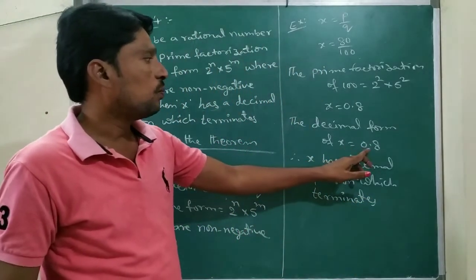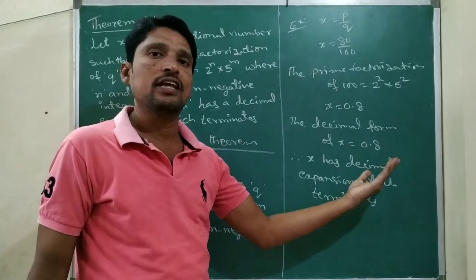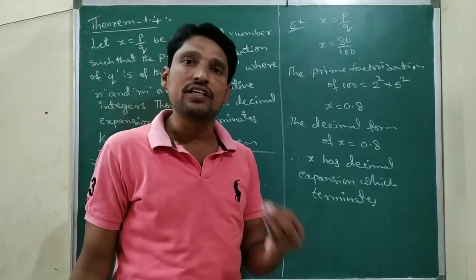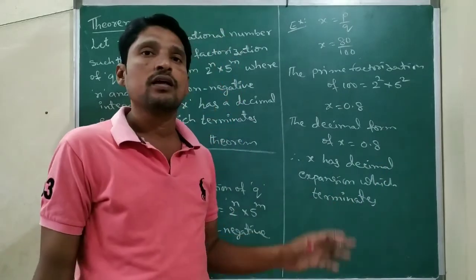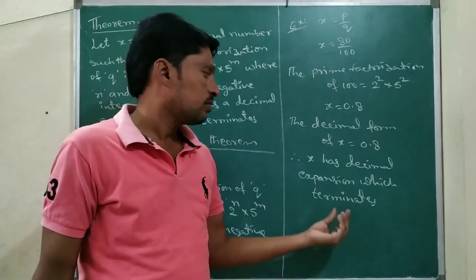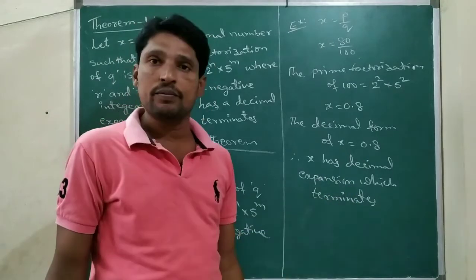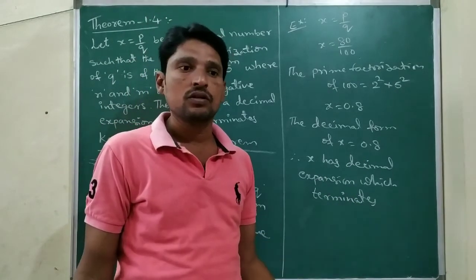Here 0.8 means it is ending only, which means we are getting the remainder 0. Remainder 0 means that the rational number has a terminating decimal expansion.